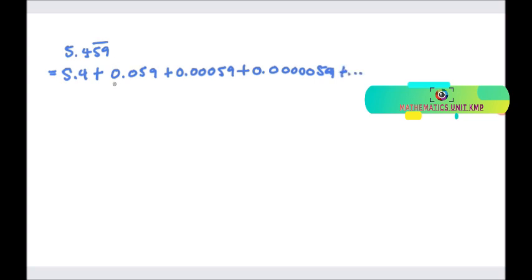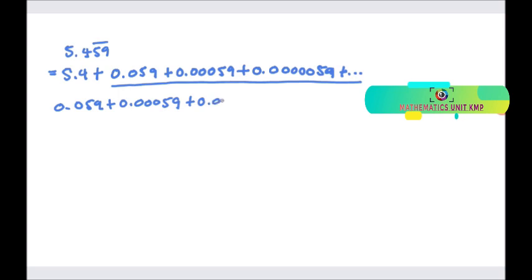Okay, now we just take this part: 0.059 plus 0.00059 and another one 0.0000059.